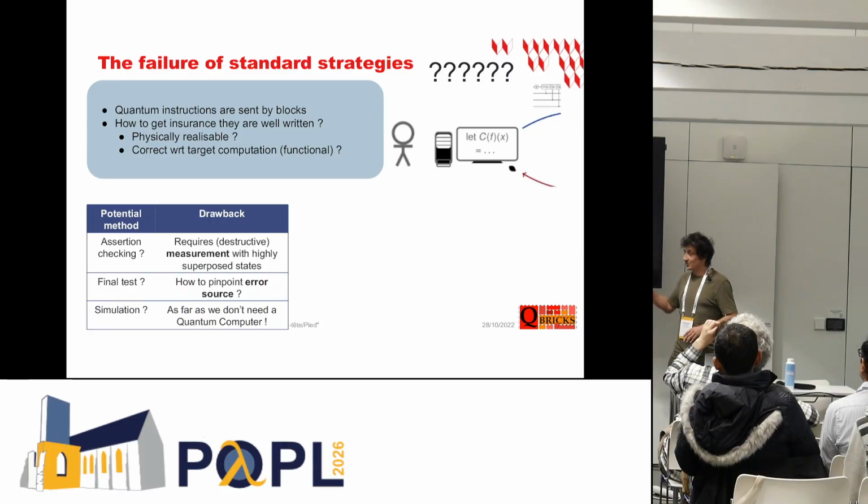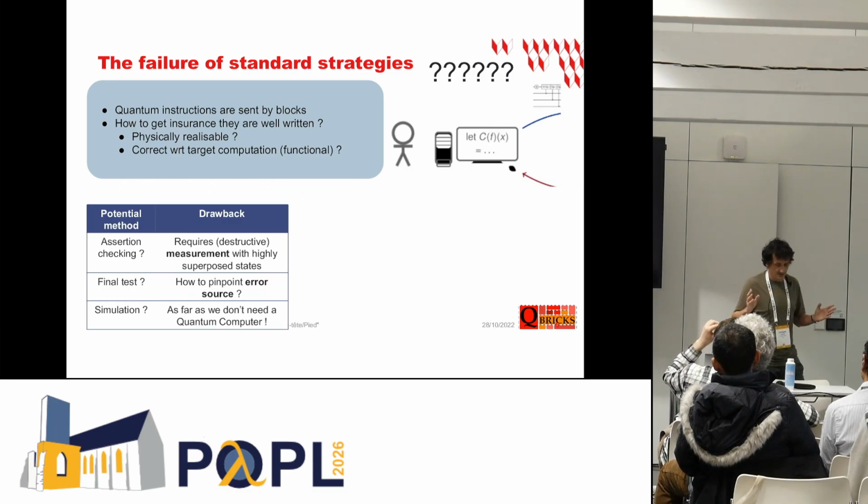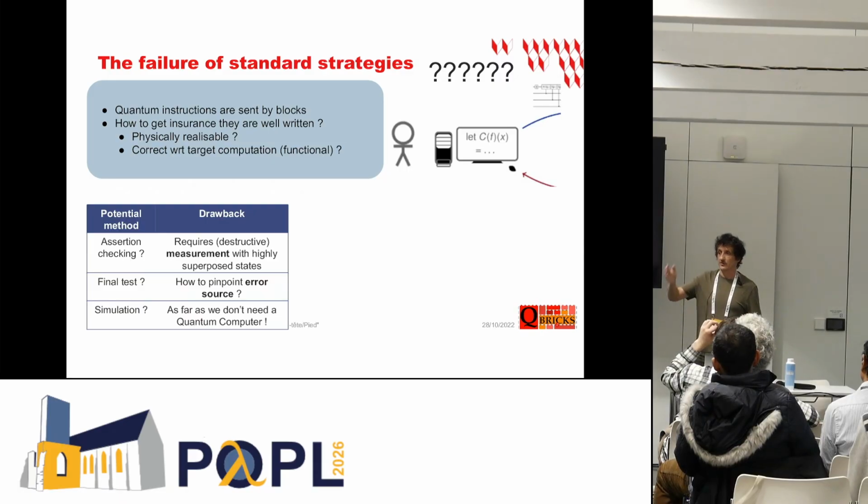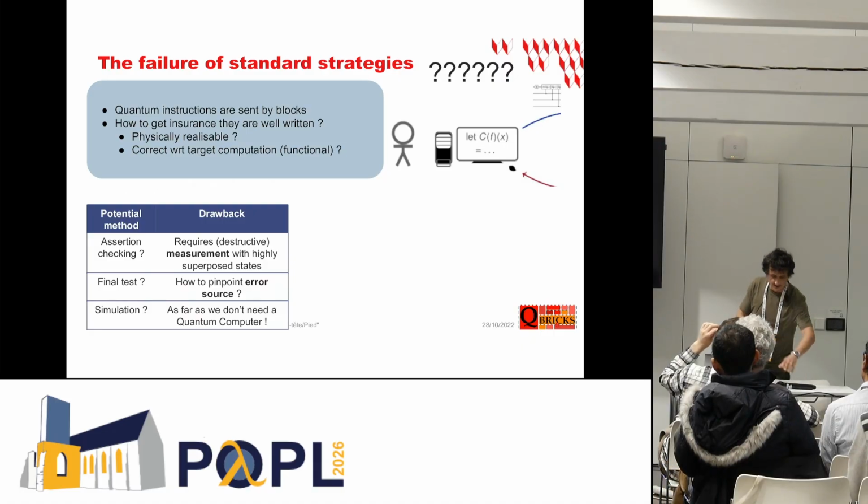Final testing is also hard to think about, because what we want to verify concretely about a quantum algorithm is a distribution of probability. So if we want to test it, we have to launch a number of tests big enough to rebuild a statistical distribution so as to compare it with the distribution of probability that is targeted.